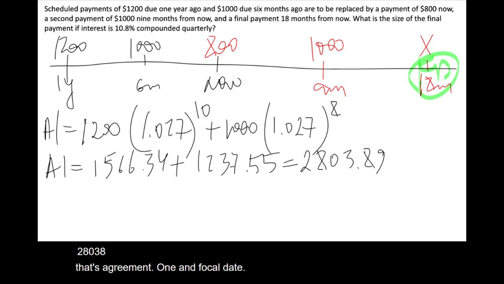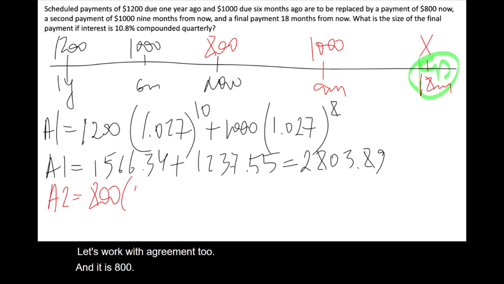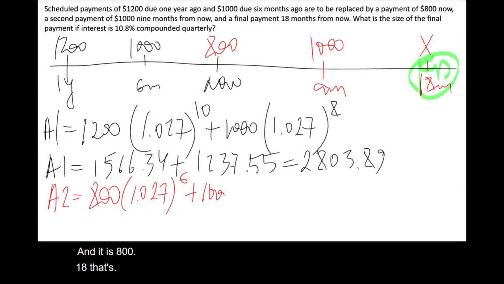Let's work with agreement 2. And it is 800, 18, that's 6, right? Plus $1,000, 9 months is 3.